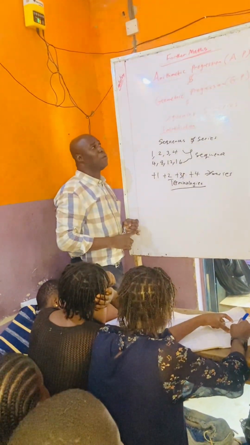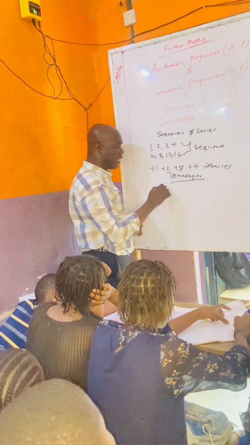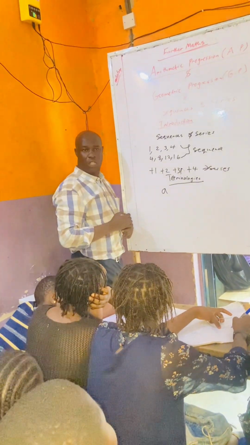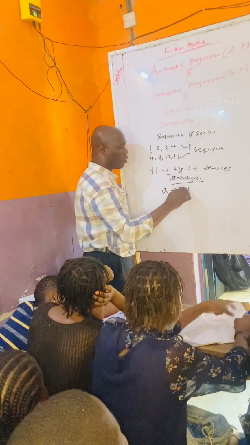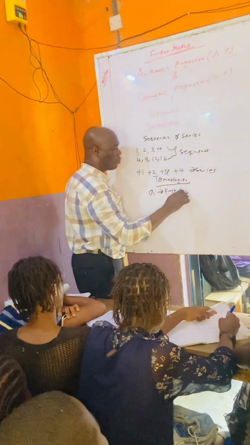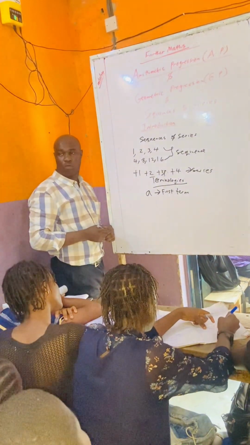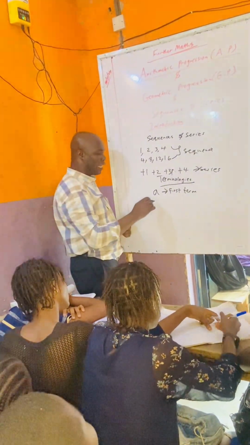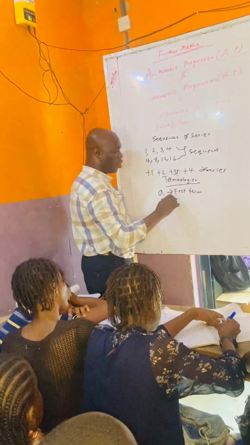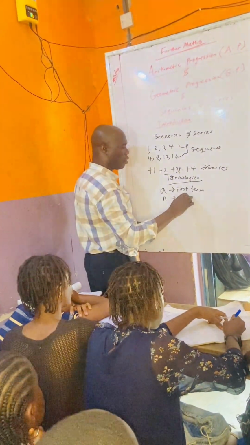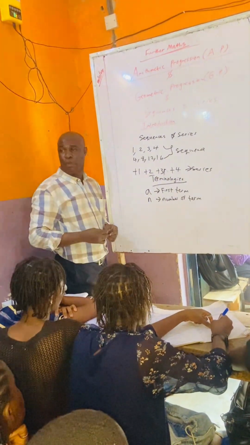Either geometric progression or arithmetic progression, you'll be seeing a letter like A. This A stands for what we call first term. You'll be seeing a letter like N. It means number of terms.